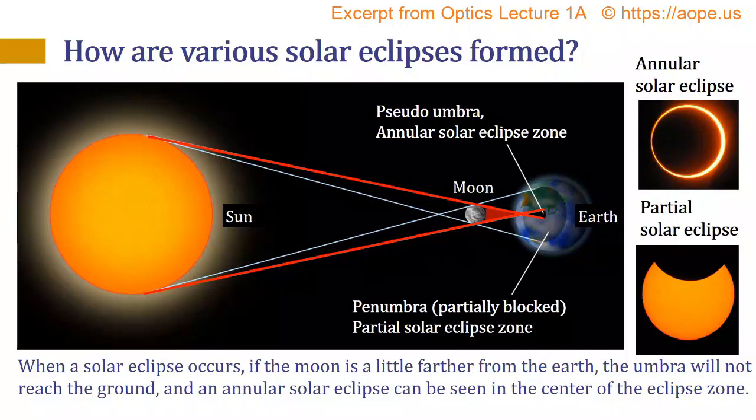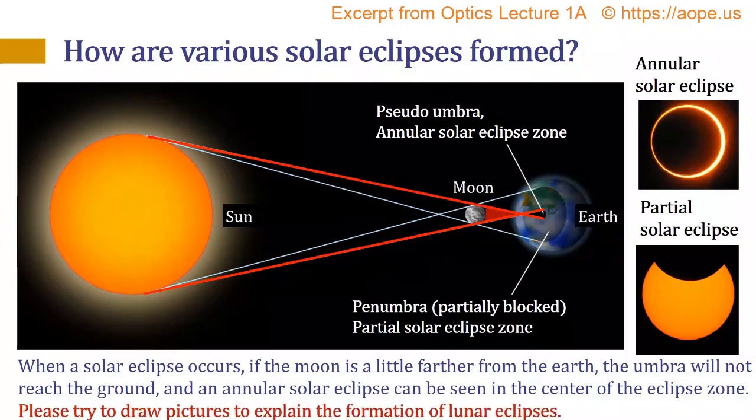The moon is slowly moving away from the Earth. Is that true? Eventually, after millions of years or billions of years, the total solar eclipse would stop happening forever. What do you think? Next, can you try to draw a picture to explain the formation of a lunar eclipse?